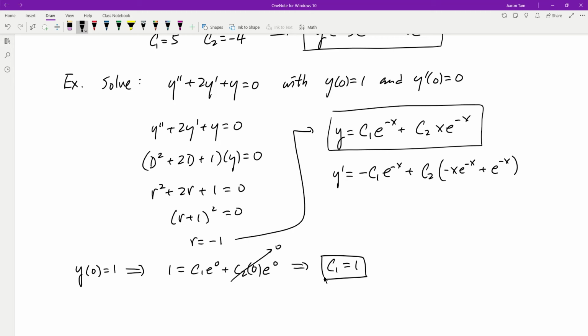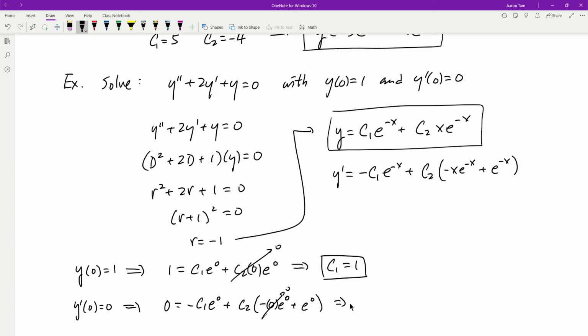Now we're going to do the second initial condition, which is y prime of 0 equal to 0. So 0 equals negative c1 e to the 0 plus c2 times negative 0 e to the 0 plus e to the 0. Notice this goes away to 0, and this is 1.